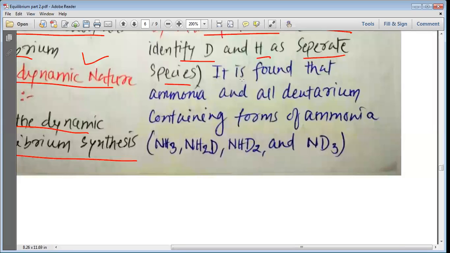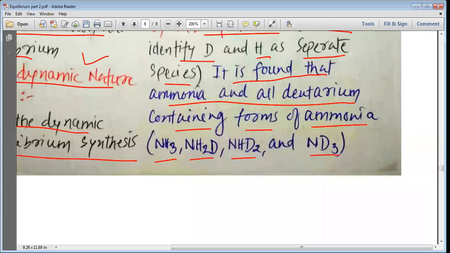When we analyze the mixture with the mass spectrometer, it is found that ammonia and all deuterium containing forms of ammonia like NH3, NH2D, NHD2 and ND3 are present.